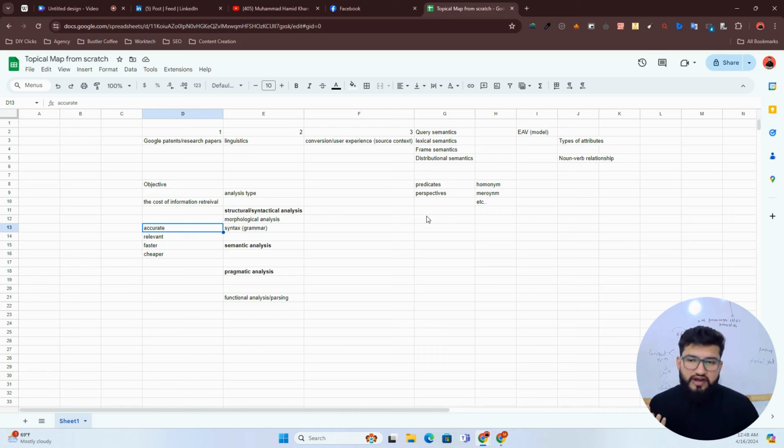Accurate means fact-checked by SMEs, or original information that is validated. Relevant means whether it matches what the user is searching for. Accurate information is accurate, but that doesn't mean it's relevant to the query the user is searching on Google.